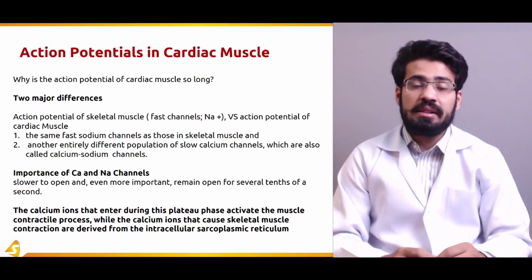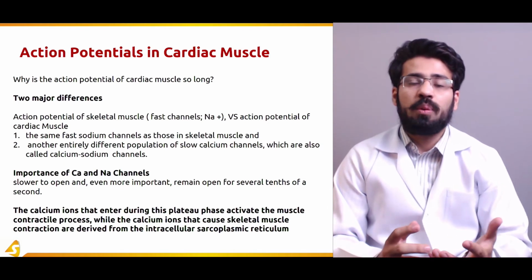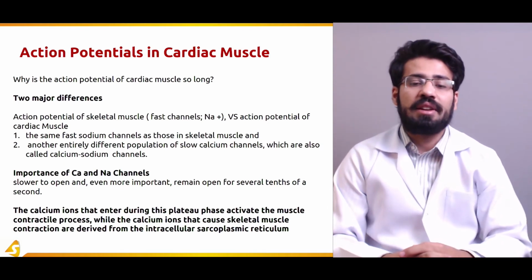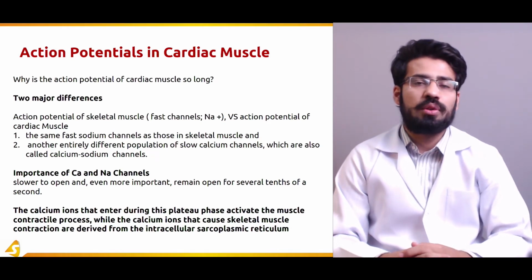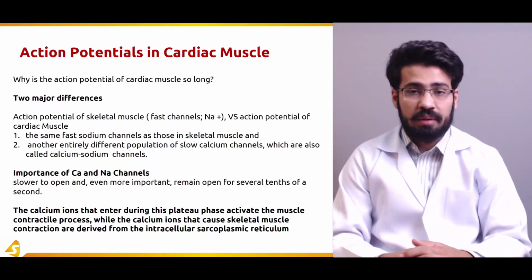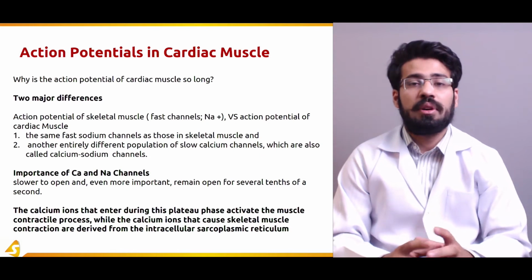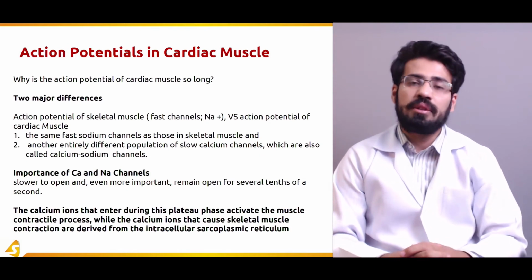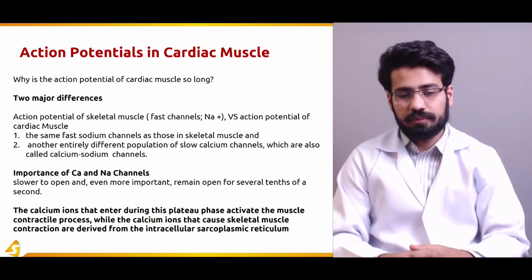Besides, the cardiac muscle includes an entirely different population of calcium channels. These calcium channels must be slow so that the excitation remains for a longer time. These slow calcium channels are also known as calcium sodium channels.